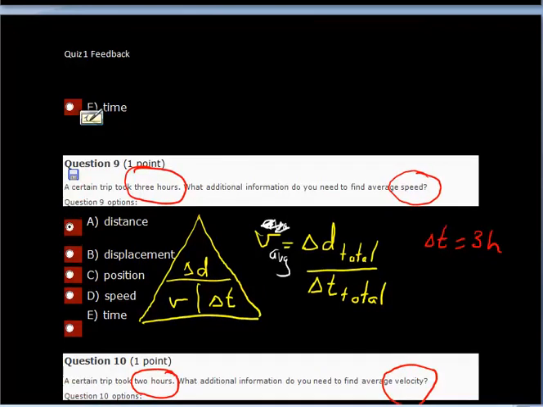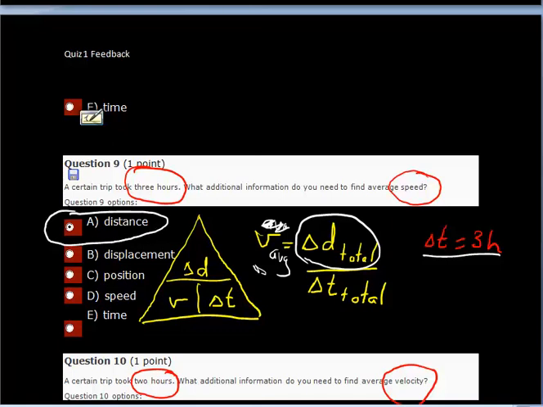I have time, and I want to find speed. So what I would need is my total distance traveled.